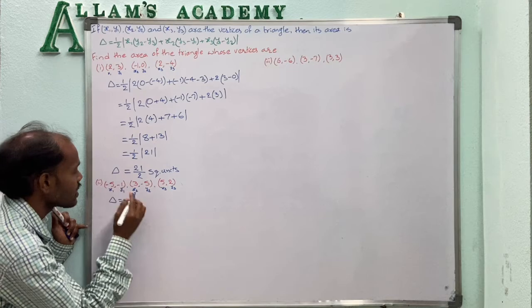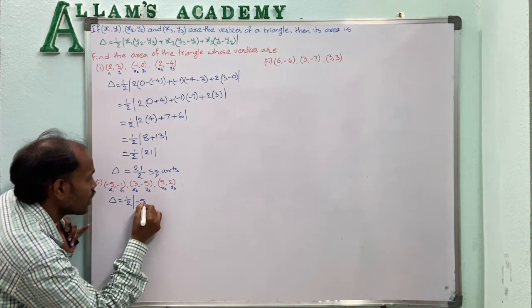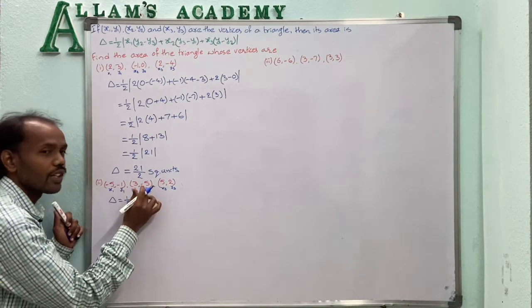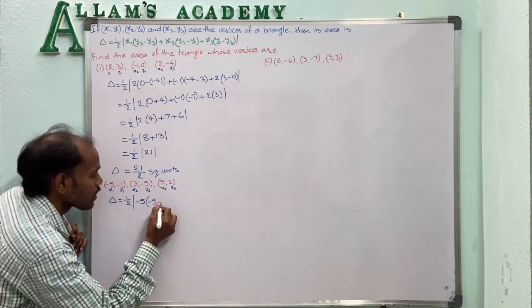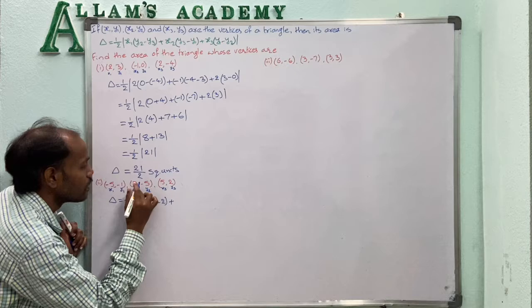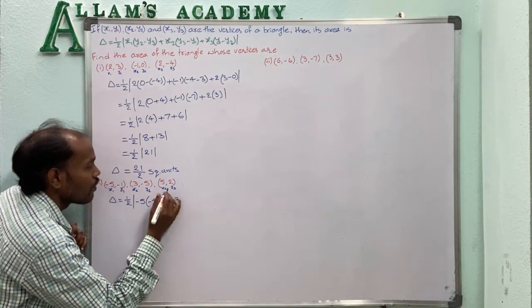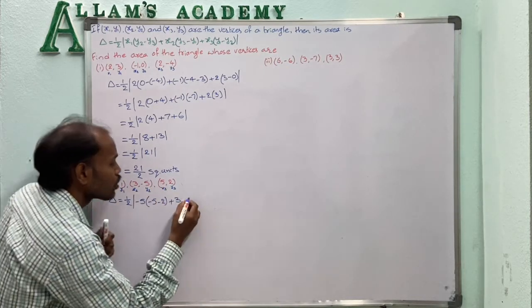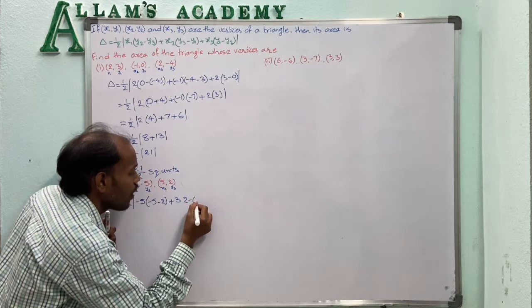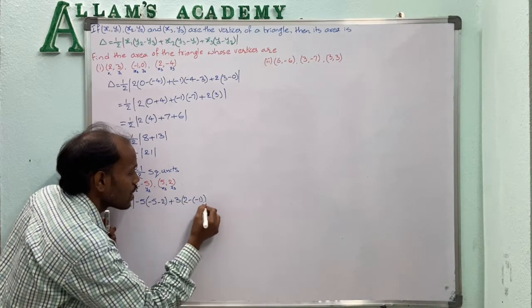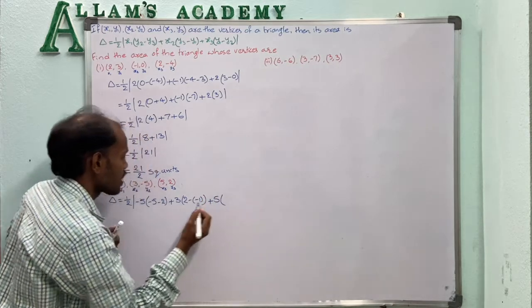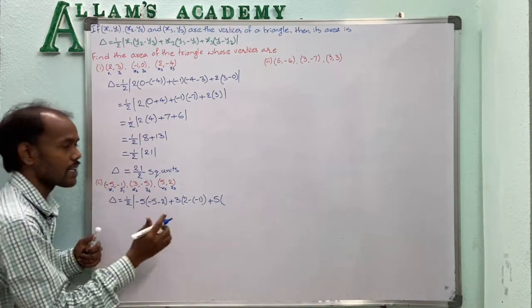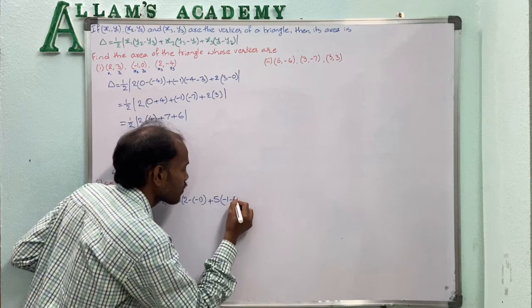So here x1 is minus 5 into (y2 minus y3), minus 5 minus 2, plus x2, 3, into (y3 minus y1), 2 minus of minus 1, plus x3, 5, into (y1 minus y2), minus 1 minus of minus 5.